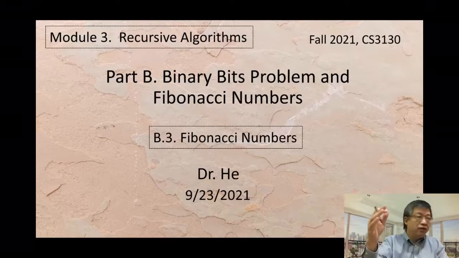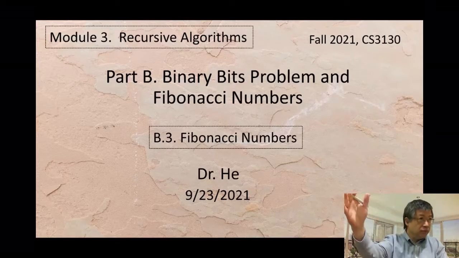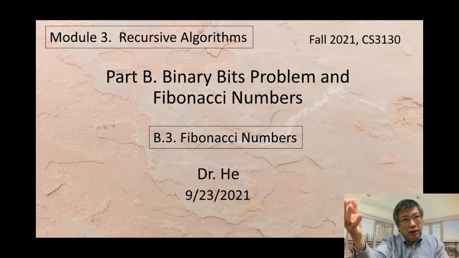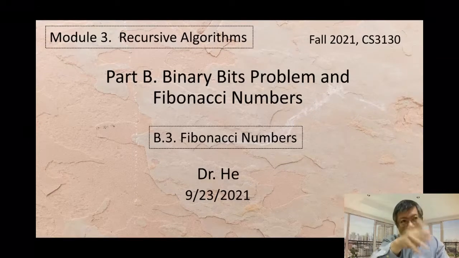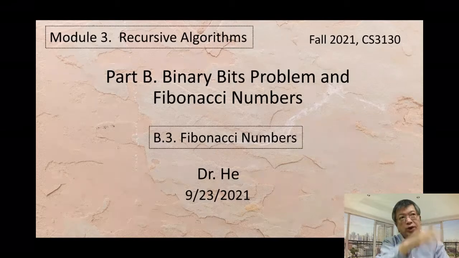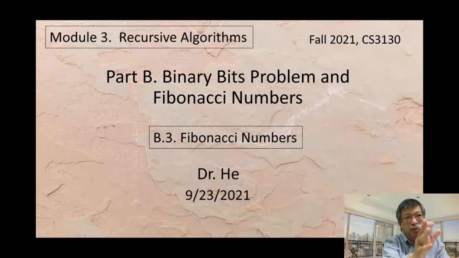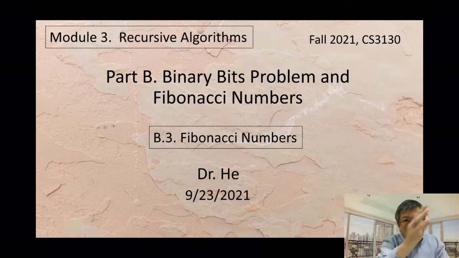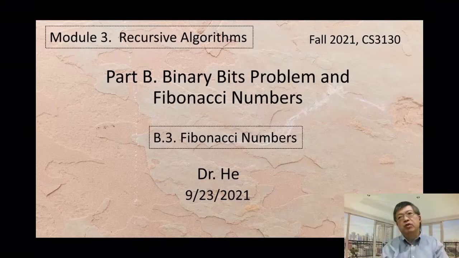The definition of this kind of numbers is very simple. But when we solve the problem of finding Fibonacci numbers, there are a lot of interesting theories we can learn. All right, so let us start.